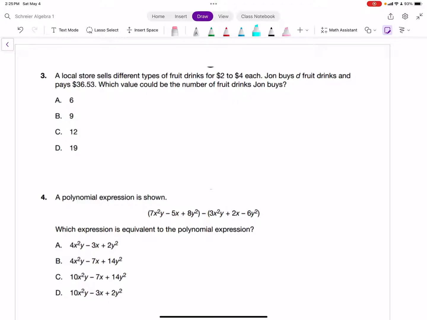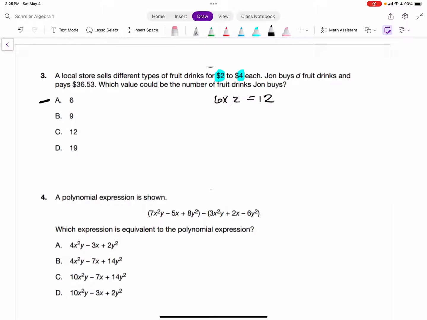We have $2 drinks and we have $4 drinks. Let's look at the first answer choice, 6 drinks, of the least expensive kind. The $2 drinks, it would be 6 times 2 or $12. So he certainly didn't do that.